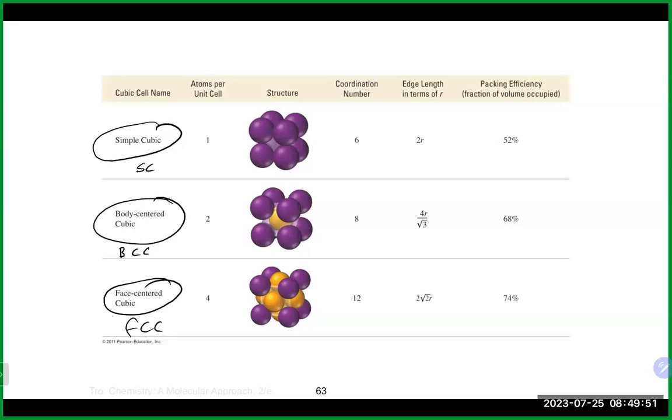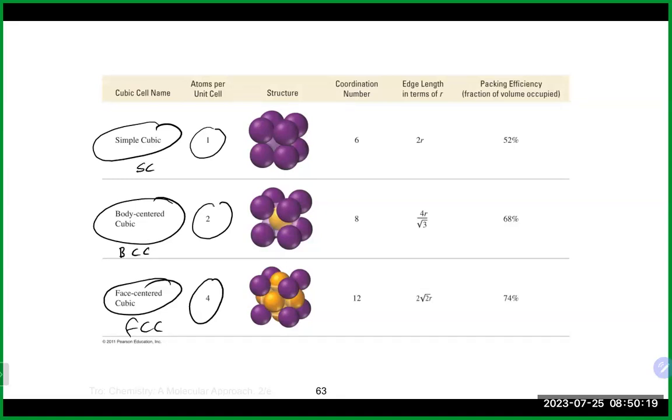Each of these has a total number of atoms associated with it, and you should know how many atoms go with each. In a simple cubic, there's just one atom total. In body-centered, you get two atoms total. And in face-centered, you get 4 atoms total.